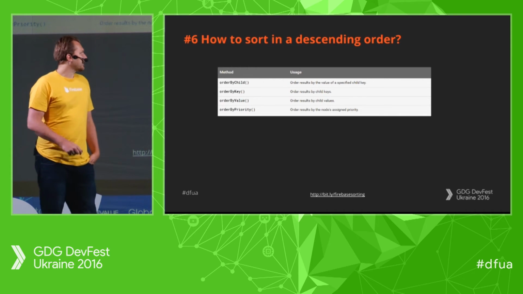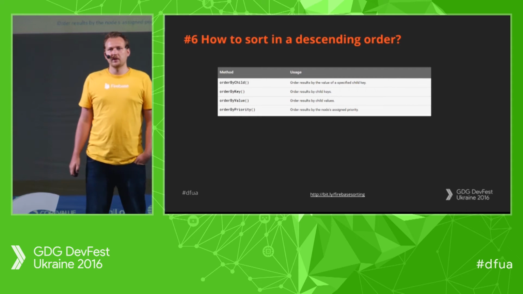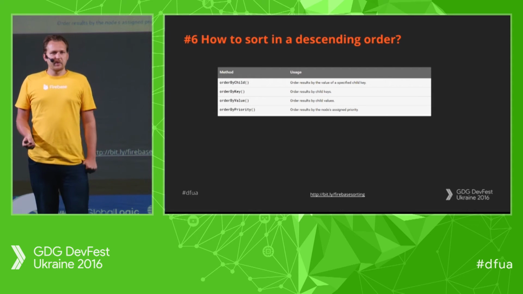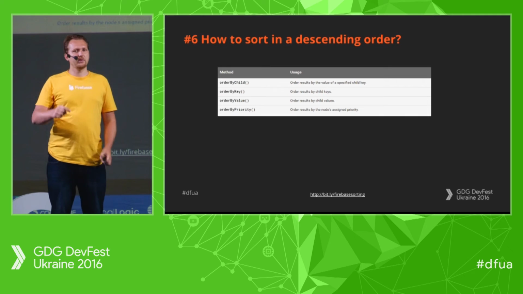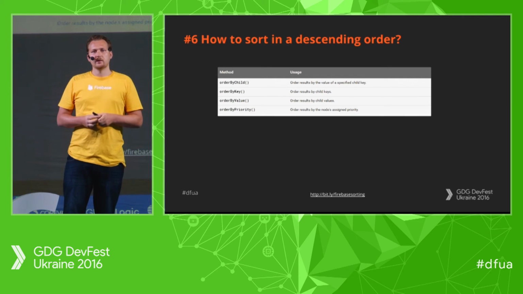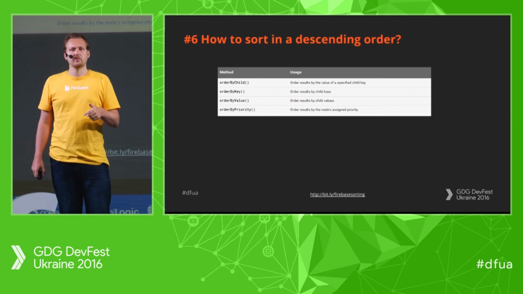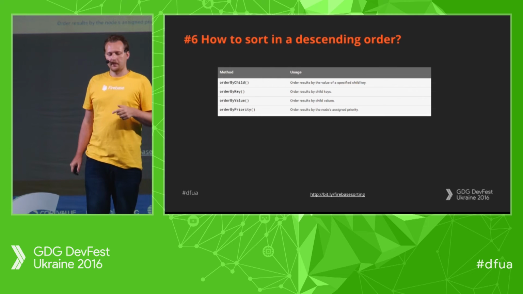So you can order by key. That's the default ordering. If you don't specify ordering, it's ordered by key, and the key is also based on time. So it's ordered so that the newest thing is at the bottom. But we wanted the newest thing at the top, not at the bottom.